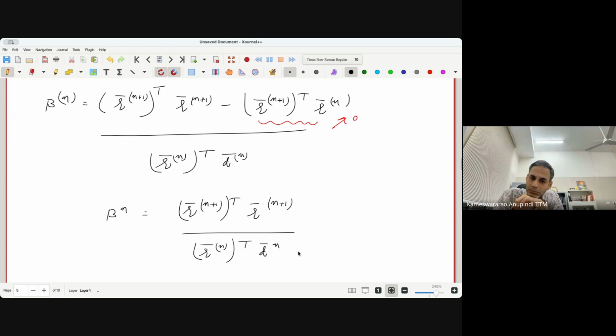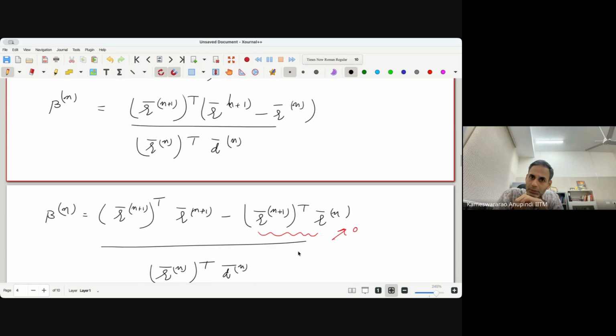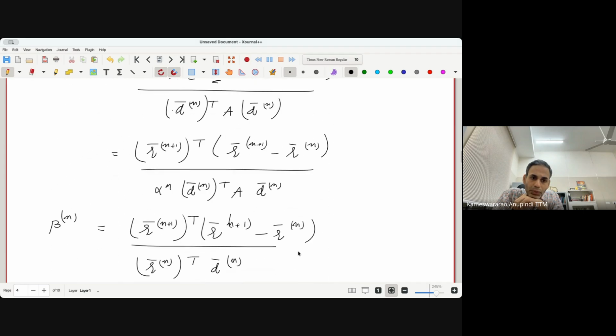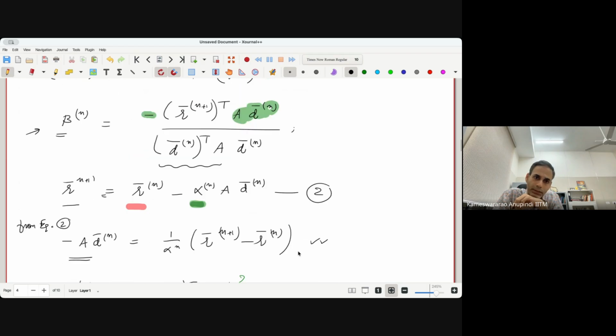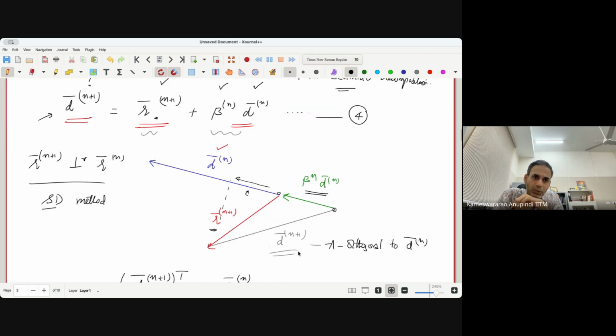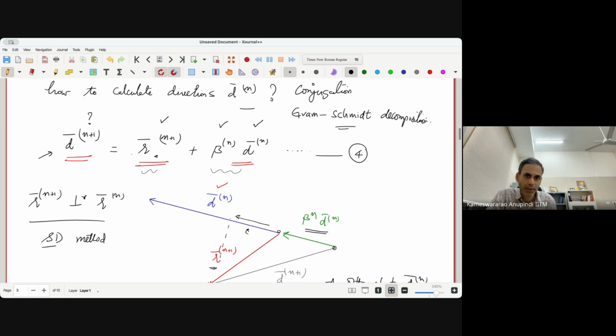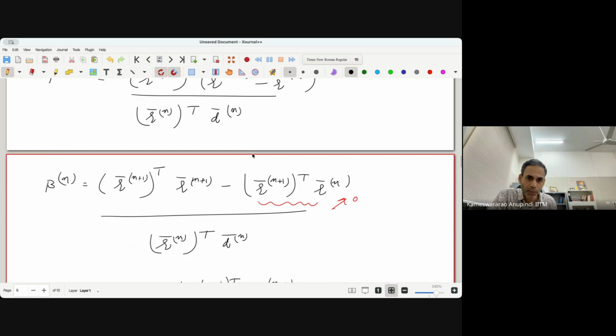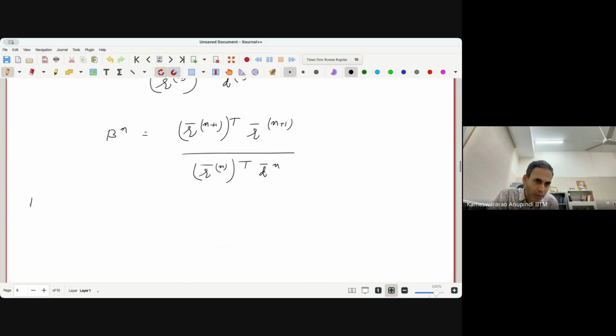Let me try to reduce this further, R bar_n and d_n. So what is d_n? We said d_{n+1} equals R_{n+1} plus beta_n d_n. So let me recast equation 4 to try to simplify this further.